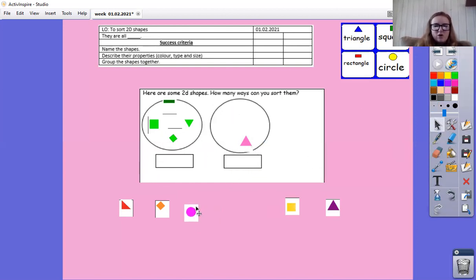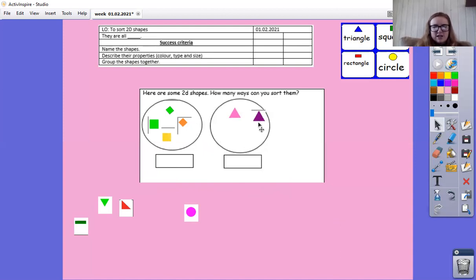So instead of having all my green shapes or my pink shapes, I could put all my squares over here. Even though these are rotated, I know that these are still squares. And I could put all of my triangles in here. That's a triangle, that's a triangle, and that's a triangle.